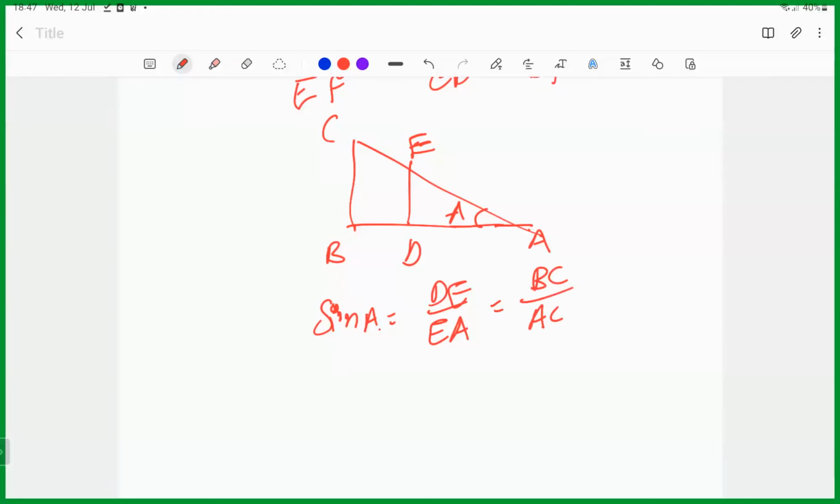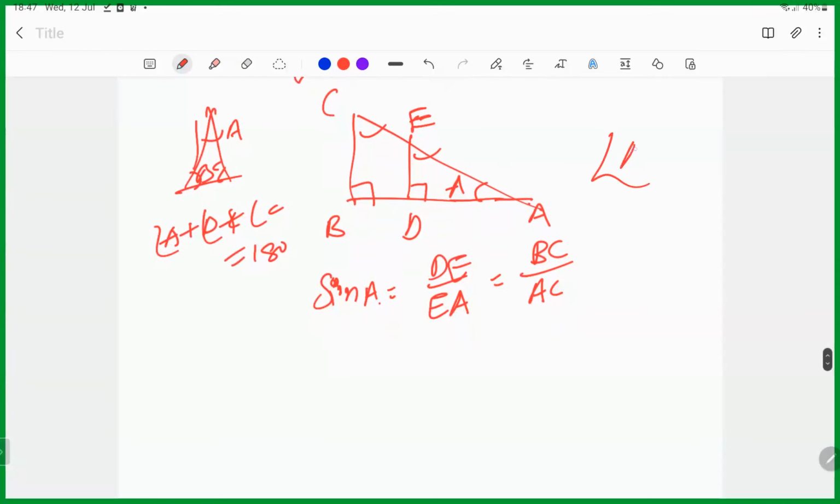Angle A will be equal. Obviously here it's 90, here also 90, so this angle will be equal. If you sum up all the angles in a triangle, what is the total? 180. So angle A plus angle B plus angle C will be 180. Angle is shown with this symbol.